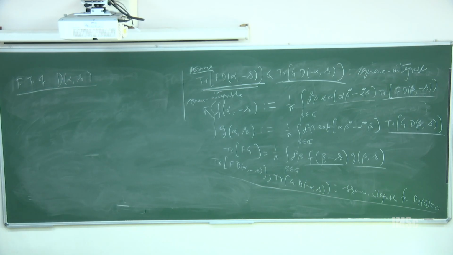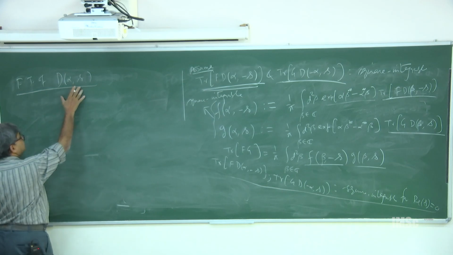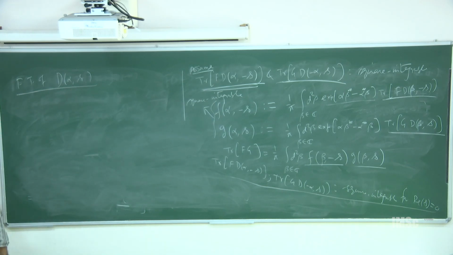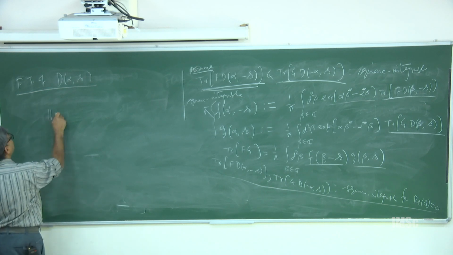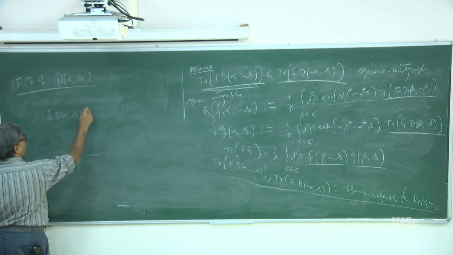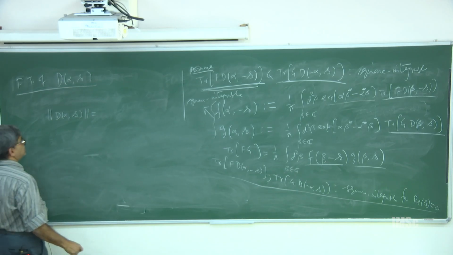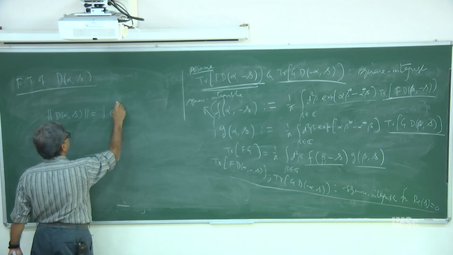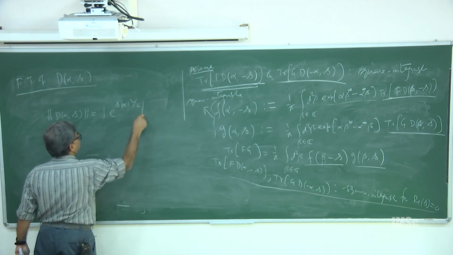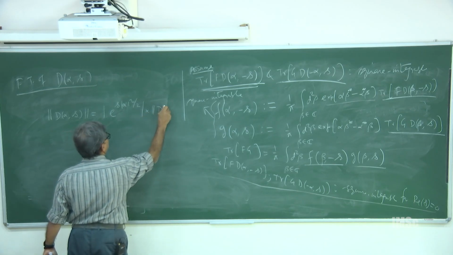Now, you might say that at the level of operator, what is the Fourier transform? I mean, this is not a bounded operator. Well, this may not be a bounded operator. It depends. So, for example, what will this be? This is the magnitude of e to the power s mod alpha square by 2 times the norm of d of alpha.